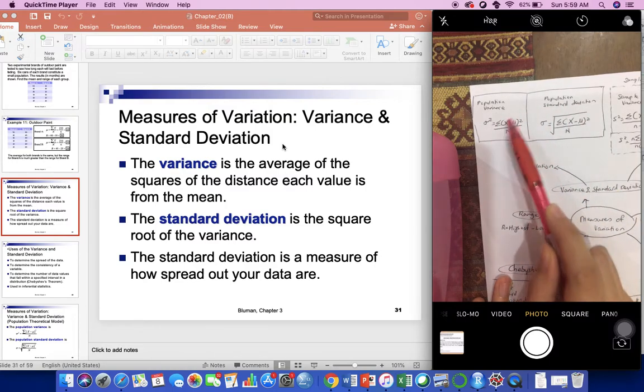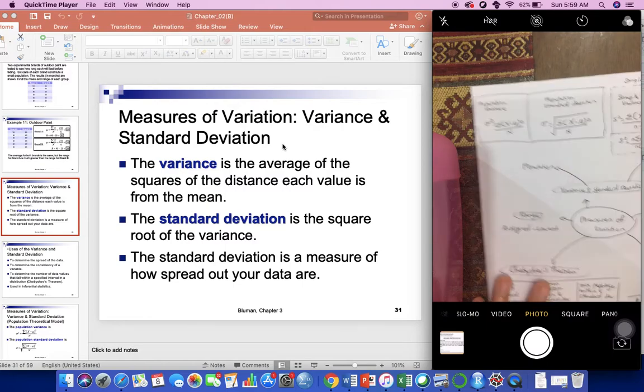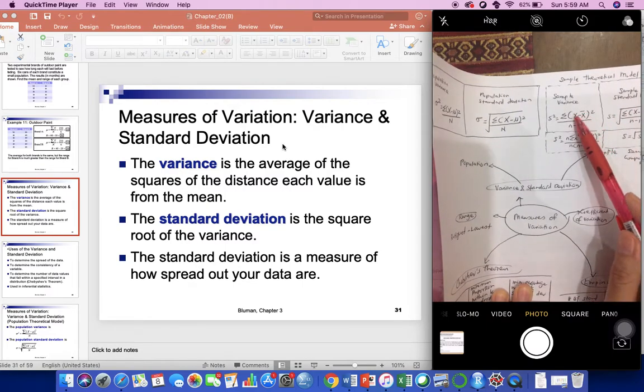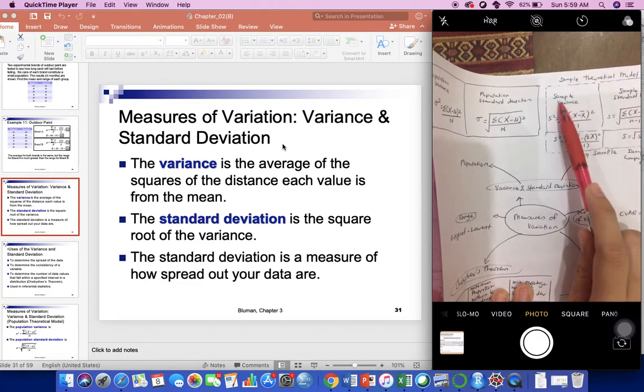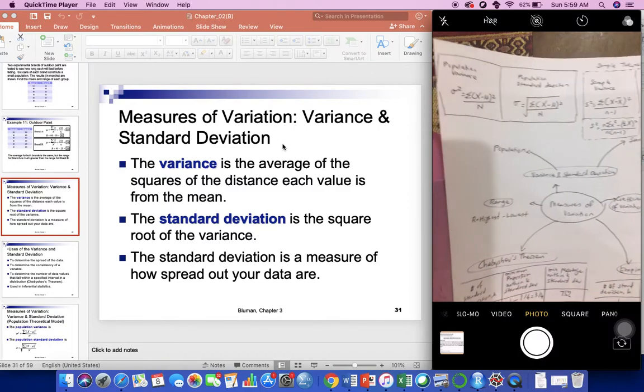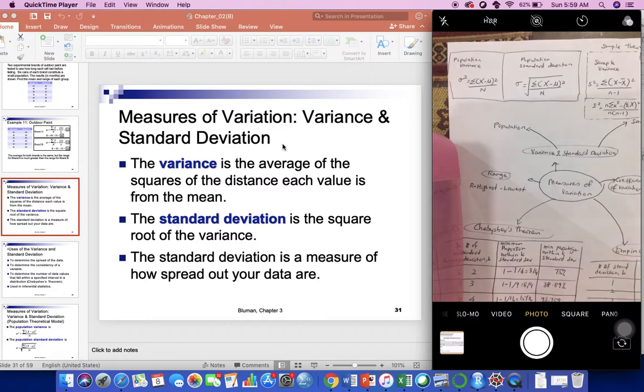The same formula, but with a square root. The same goes for this formula. You just memorize this formula and this formula. For the standard deviation, you just put a square root. Okay, let's take a look at the examples.